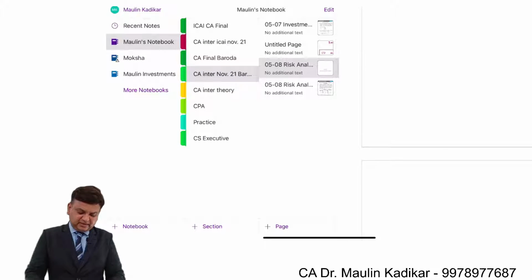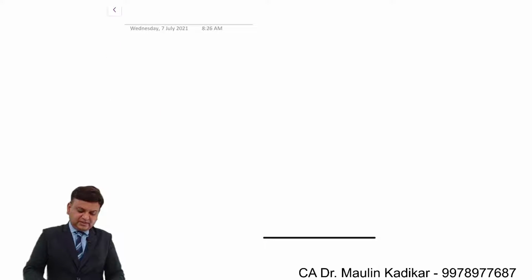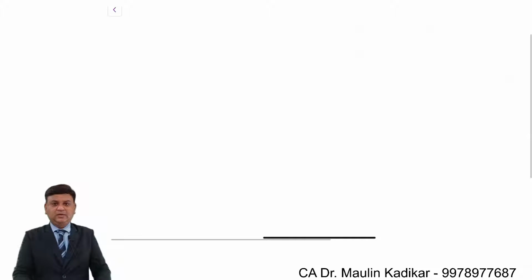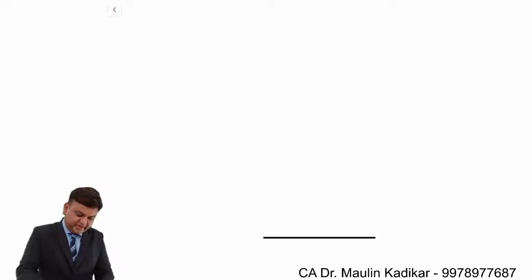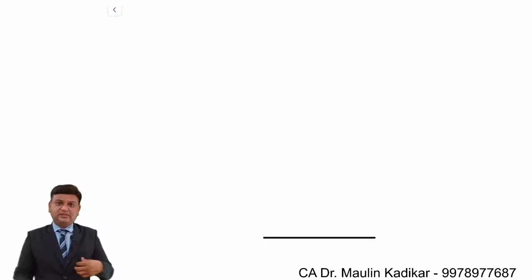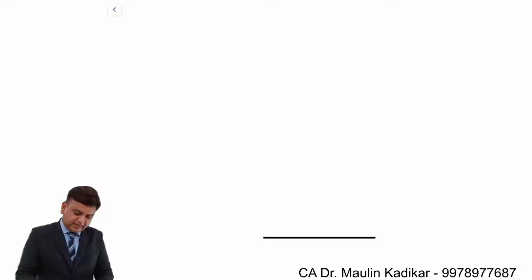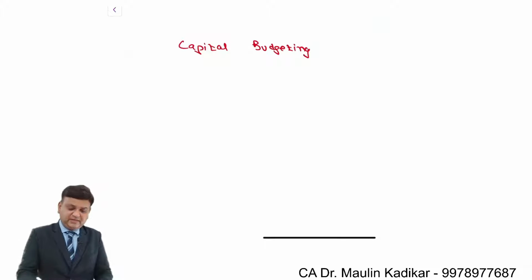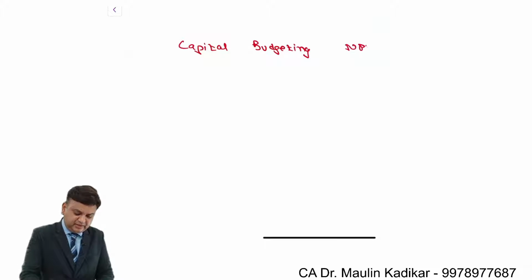Let us have an understanding of what the learning points are in this chapter. To explain that, take a few examples like this. Friends, when we do the capital budgeting chapter, let us say we are calculating NPV.